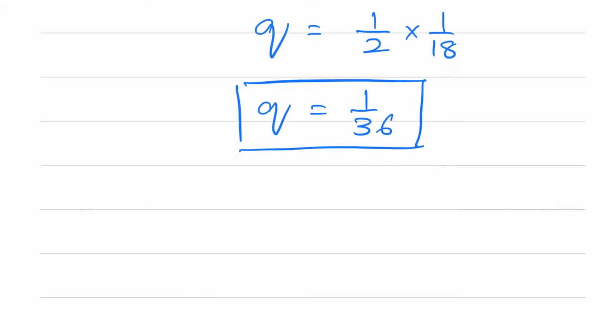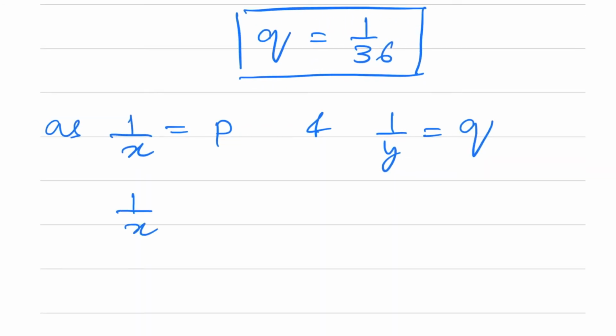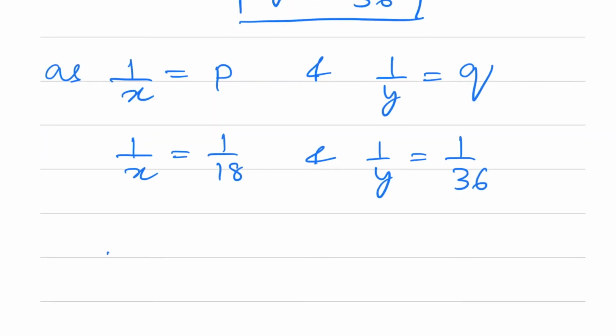As we assumed 1 by X is equal to P and we took 1 by Y is equal to Q. So 1 by X is equal to, as we had P as 1 by 18, and 1 by Y is equal to 1 by 36. So therefore X is equal to 18 and Y is equal to 36.